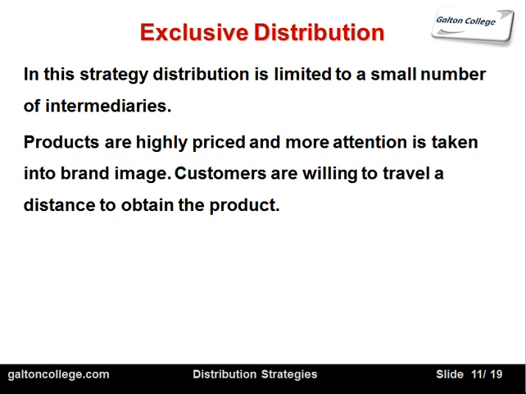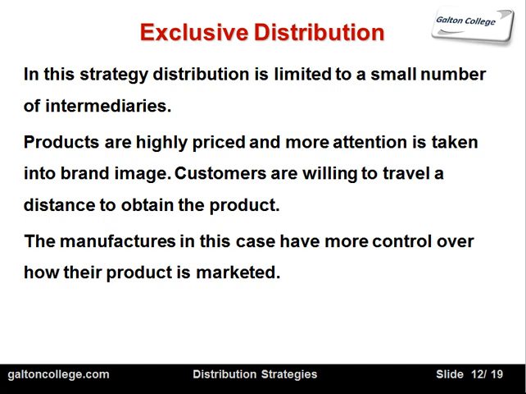It's more exclusive. This particular product is restricted. And there's a small number of intermediaries involved. The manufacturers have much more control over how their product is marketed. Because it is exclusive, they have more say in how the product is marketed.